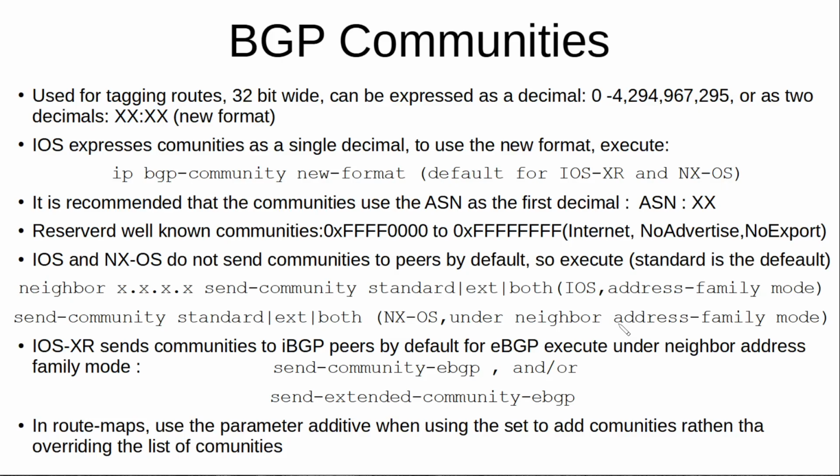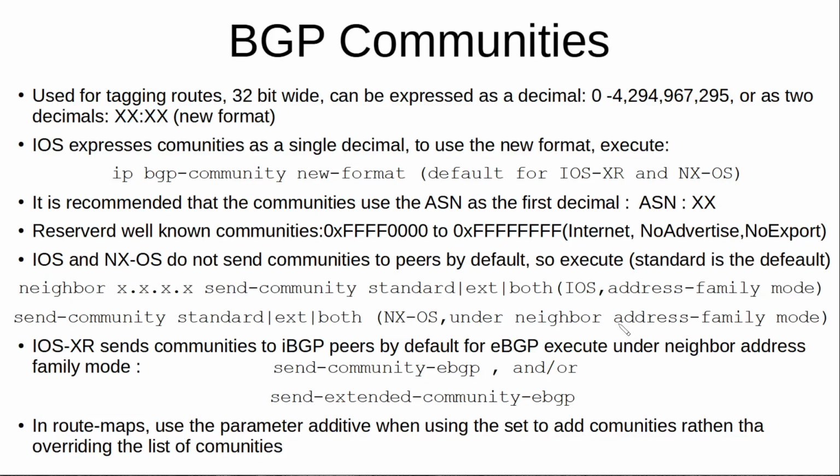Some operating systems will not send communities, so you have to execute the command send-community, standard or extended. Standard is the default. Extended communities are used when you are using multiprotocol BGP. Specifically, IOS XR will only send communities to IBGP peers by default.